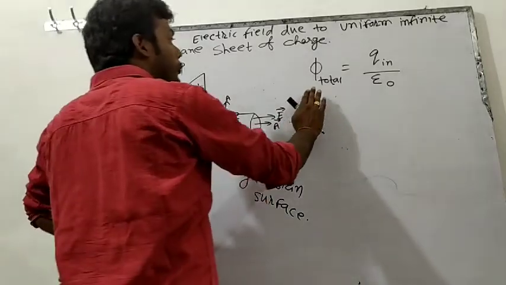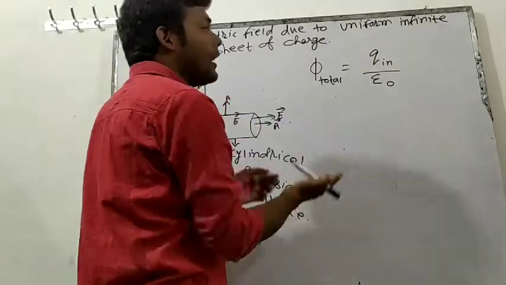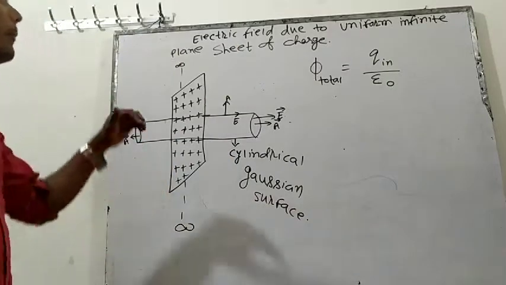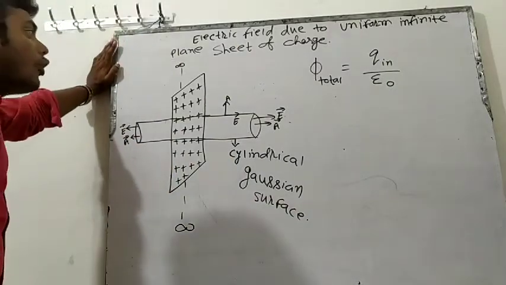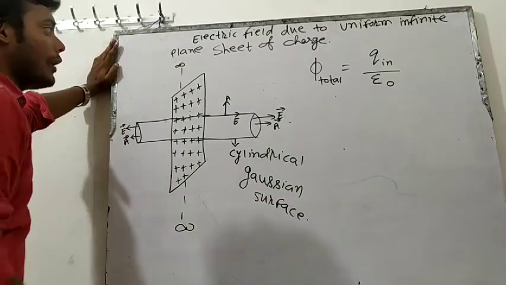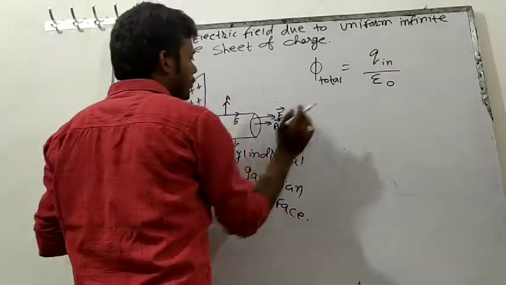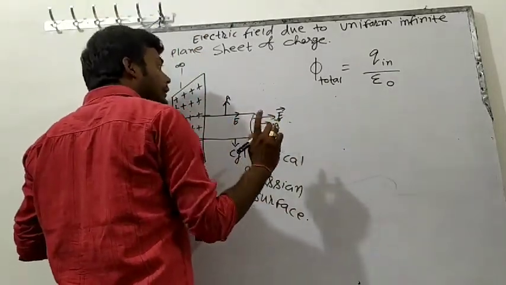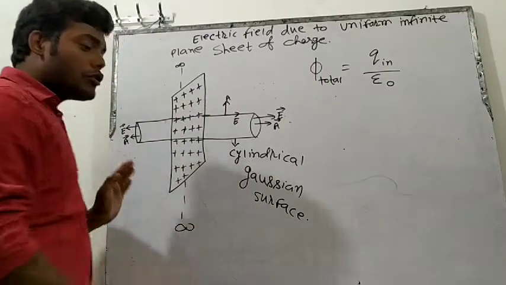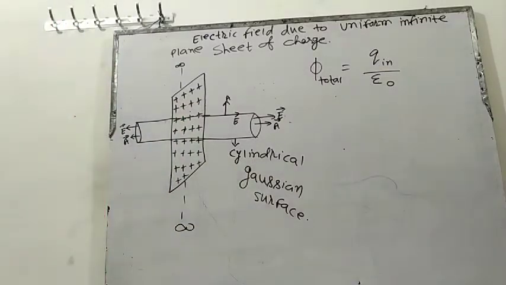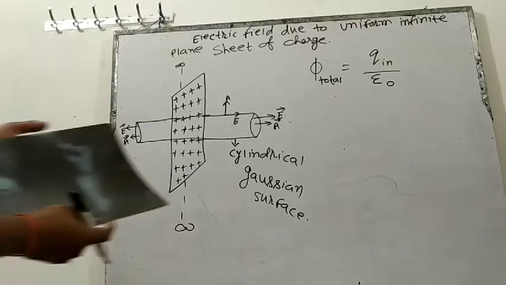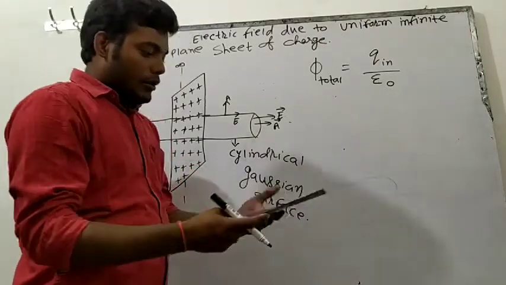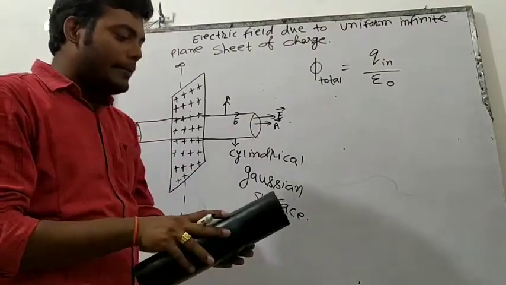Now we have to understand how much total flux is there. Who will make flux? How many surfaces will be there?